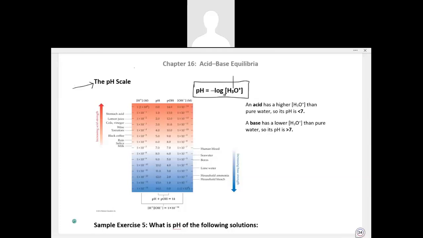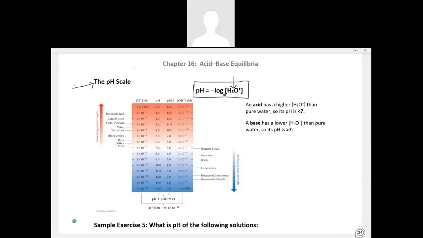So if you plug the hydrogen ion concentration, or more realistically, the hydronium ion concentration, into your calculator, the negative log of that concentration returns the pH.